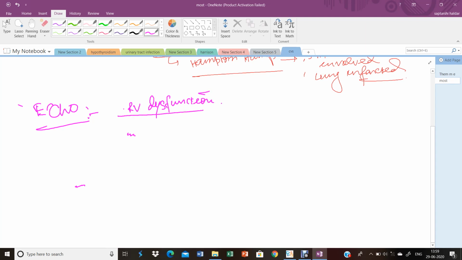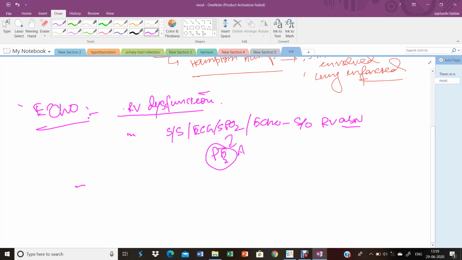So if the patient has signs, symptoms, ECG, SpO2 and echo suggestive of right ventricular abnormality, we should think about pulmonary embolism, and it is an acute condition.